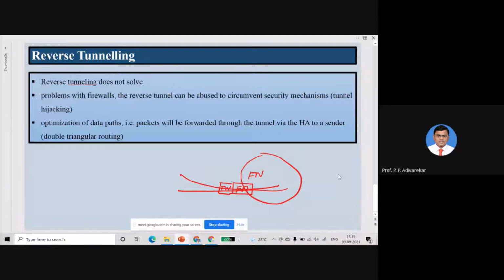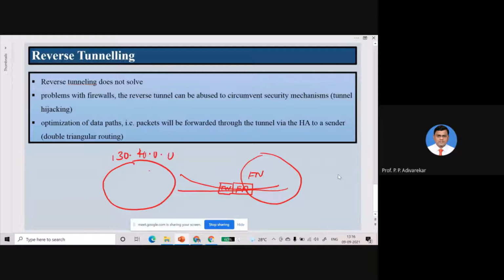What is a topologically correct address? It means whenever you are part of a network, suppose this is a foreign network, we have a certain subnet address given to that network. Suppose that subnet address is 130.40.0.0.